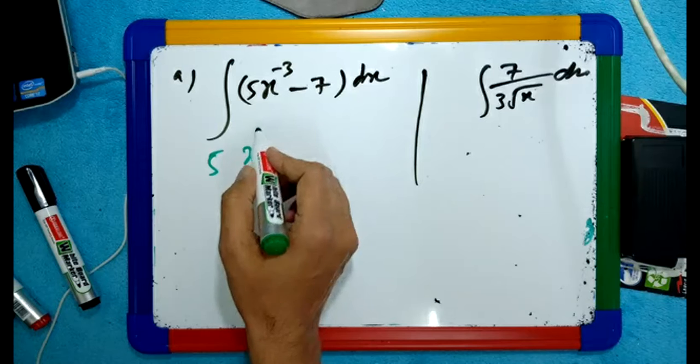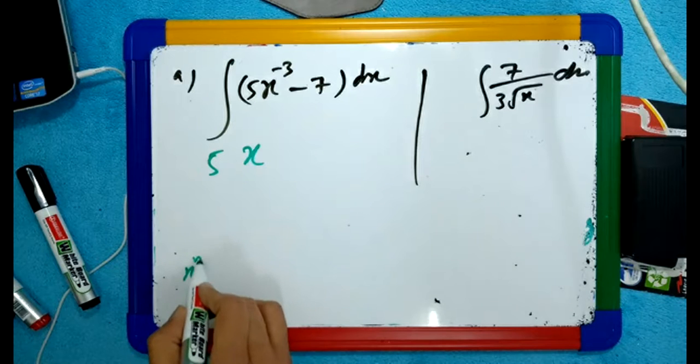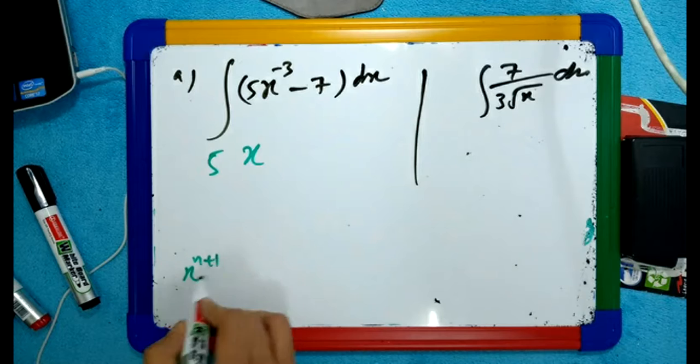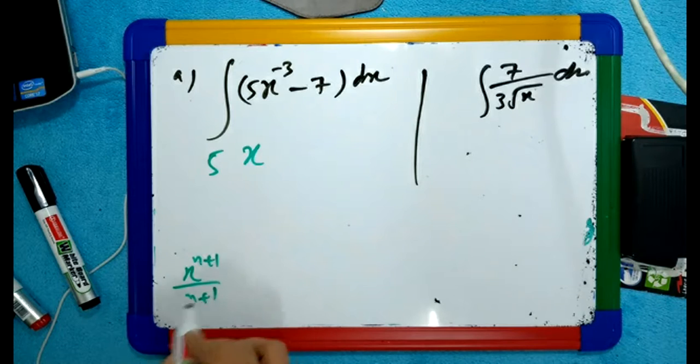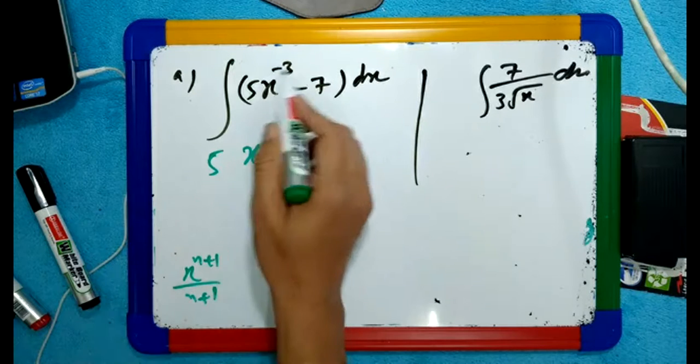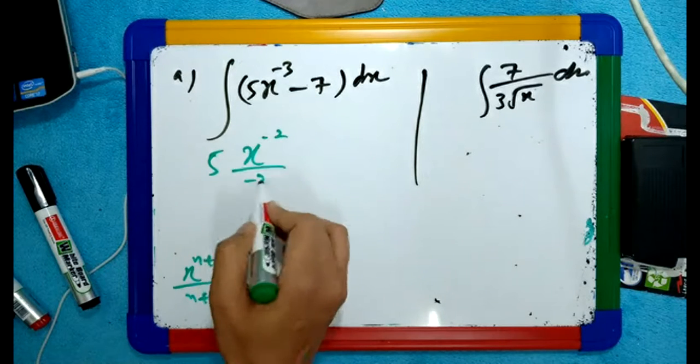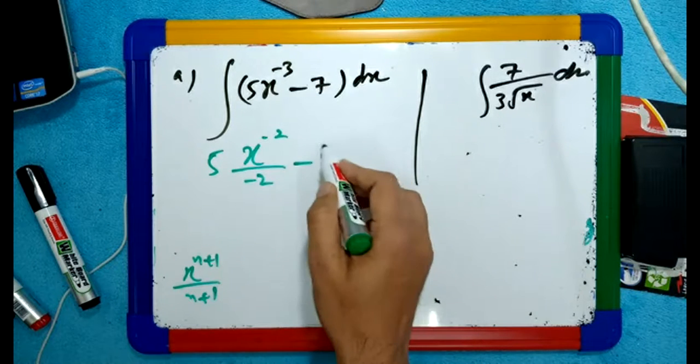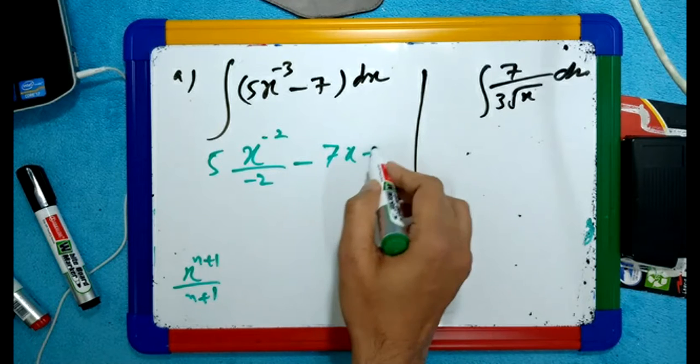I told you the formula: x^(n plus 1) divided by n plus 1. Minus 3 plus 1 is minus 2, divided by minus 2.